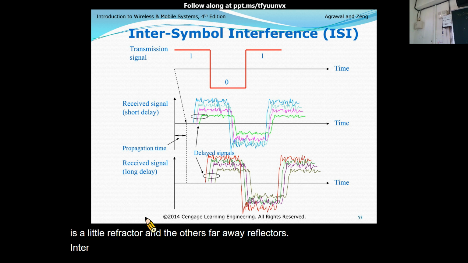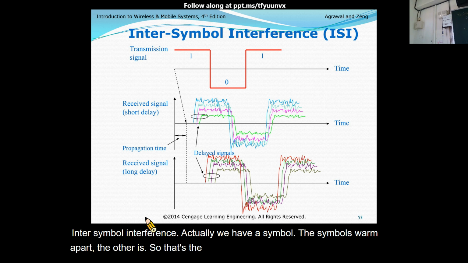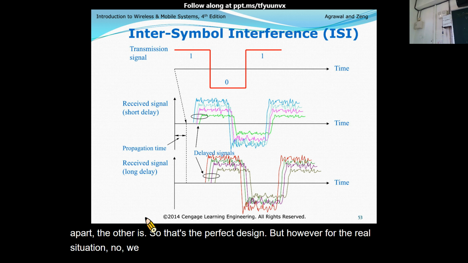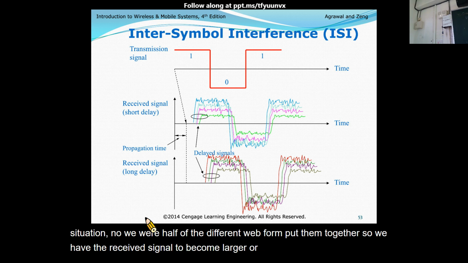And this is inter-symbol interference. With inter-symbol interference, we have a symbol, and the symbols won't affect each other, so that's the perfect design. However, for the real situation, no. We will have different waveforms put together, so the received signal becomes larger or smaller. It really depends on the possible interference.